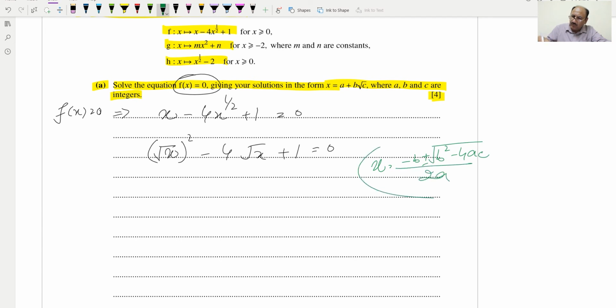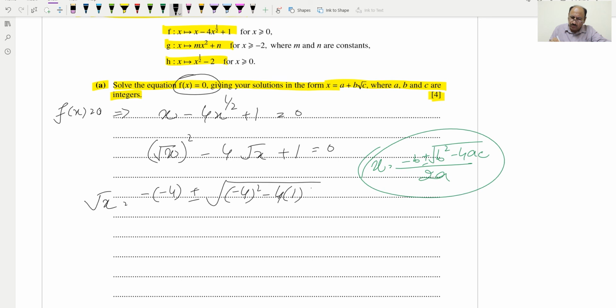Applying it, we get root x is equal to 4 plus minus the root of 16 minus 4, which is 12, divided by 2.